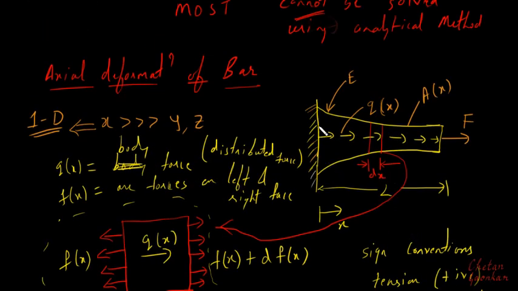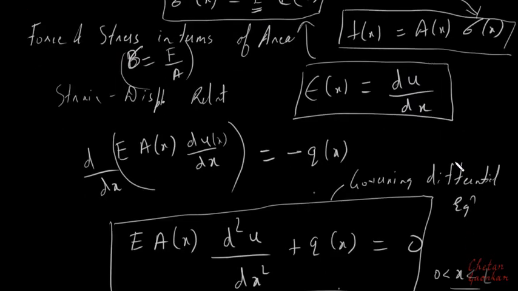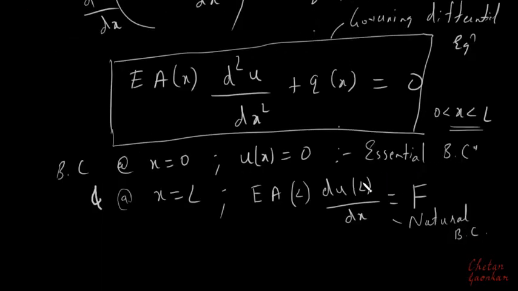Again, you might wonder why we have taken boundaries only at these ends and not across the sides. Since we have treated this as a one-dimensional problem, we are not bothered about what happens across these boundaries, since we are only interested in one dimension. For us, the boundaries which matter are only at x equal to 0 and at x equal to L. So at both boundaries, we have these boundary conditions.